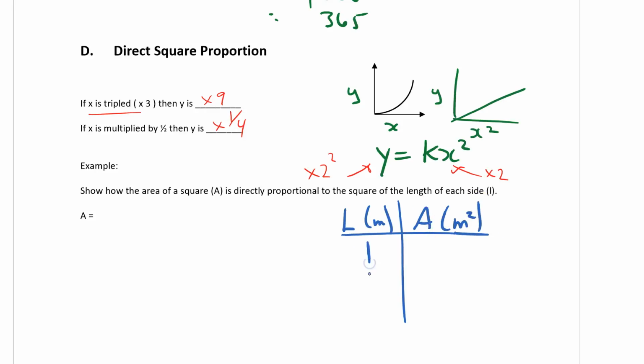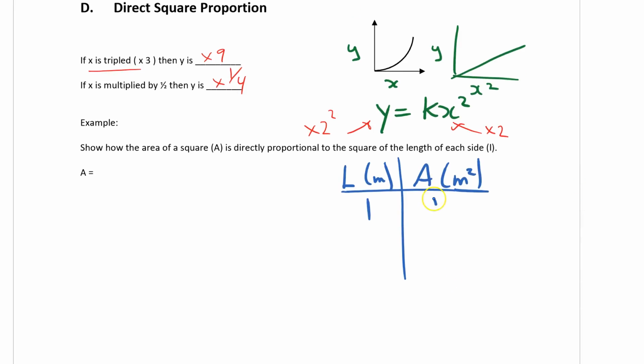Well, if the length of each side was 1, the area would be 1. If the length is 2, the area would be 2 times 2, this area inside would be 4 square meters, 3 would be 9, and so on. So if I try to do a formula here, A is going to be equal to L squared.